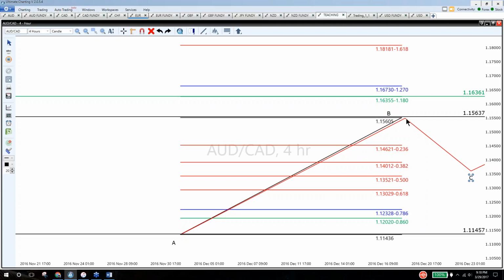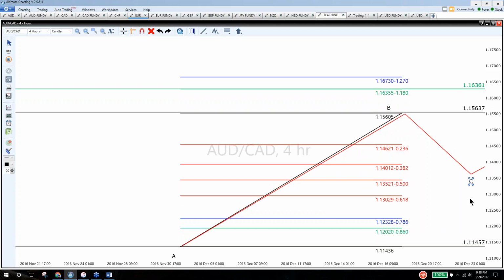Now, in this case, we'll say that the B naturally is a high, 2 to the left, 2 to the right, and then the market provides me with a low here, 2 to the left, 2 to the right. As of right now, what is the current C retracement depth? It's a 382, right? Hasn't touched the 50, here's my 50.